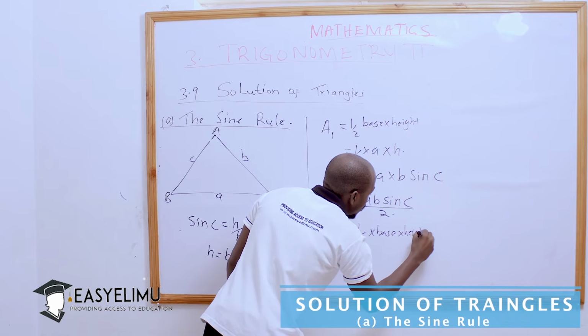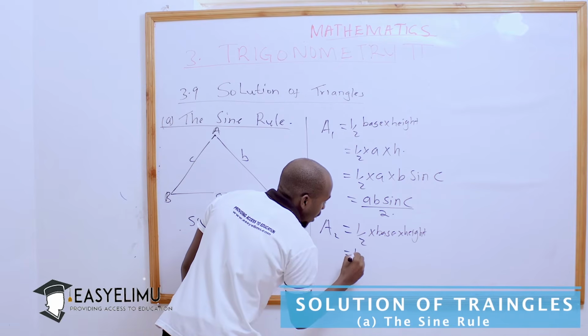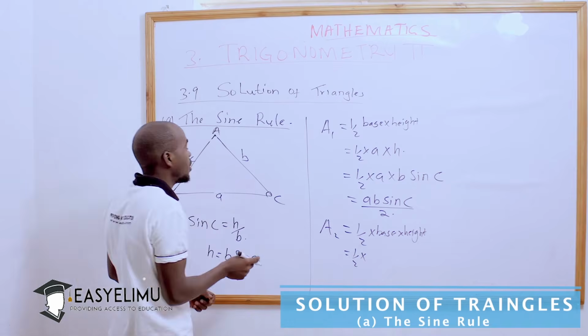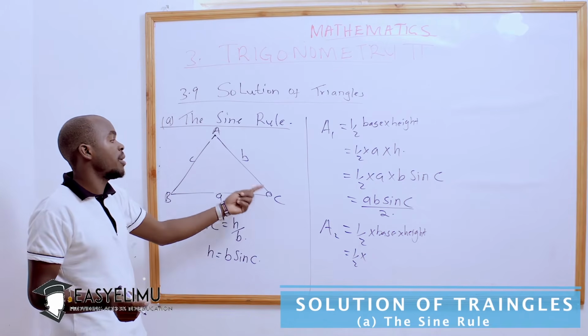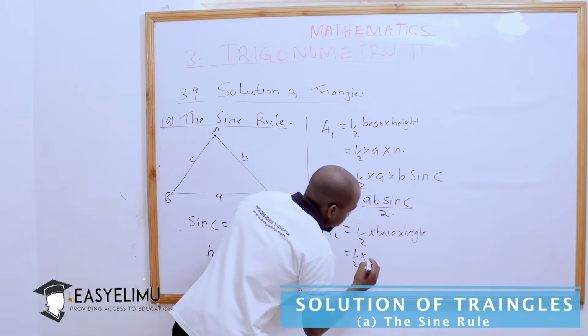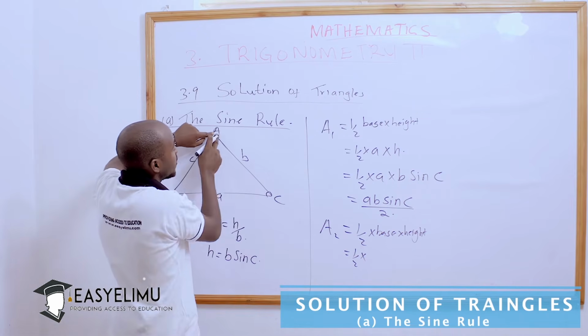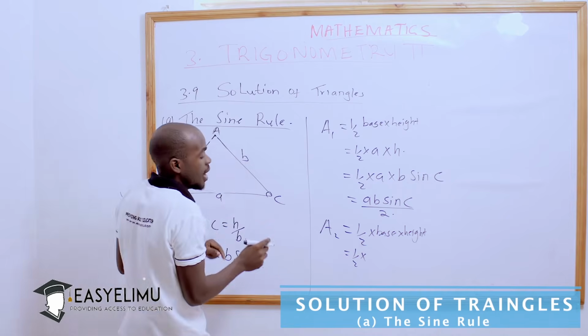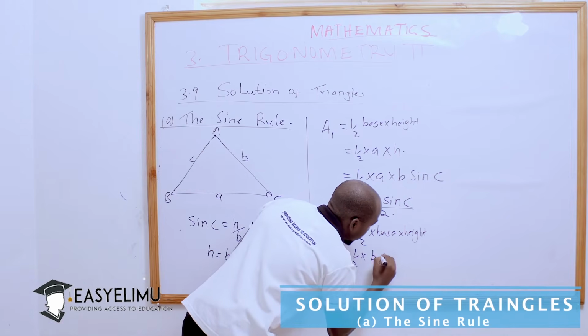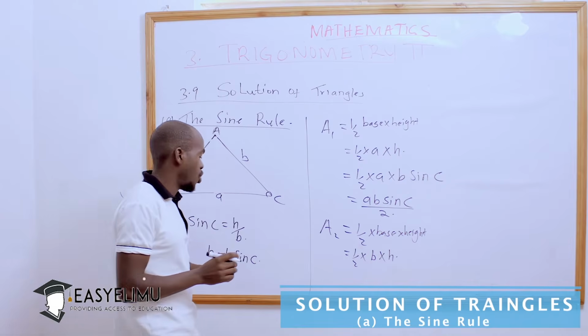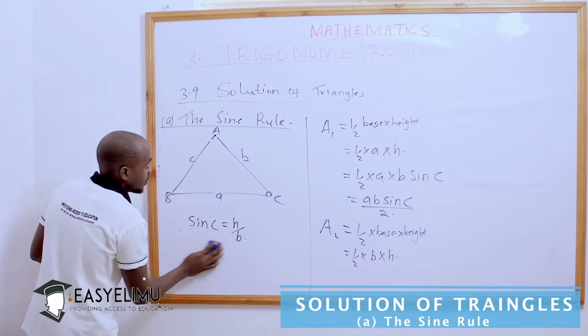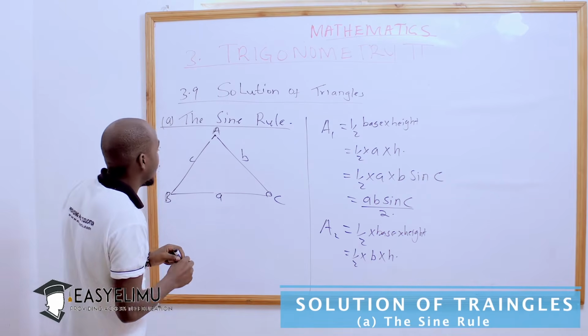Let's take the base to be B, since the base is AC. Then we multiply by the height, which we don't know, so we need to find the height.